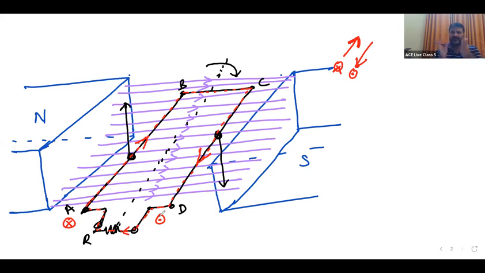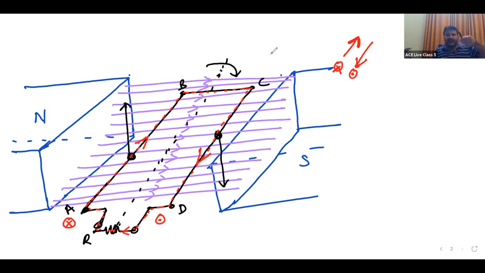Why is the direction of the current reversed? Is it because the flux direction is reversed or the motion of the conductor is different? It is the motion of the conductor, because one is moving downwards, one is moving upwards. The flux is always north to south, the flux direction is the same. But one conductor is moving upwards, the other is moving downwards. Both together are rotating in clockwise direction. Upwards means cross, downwards means dot.